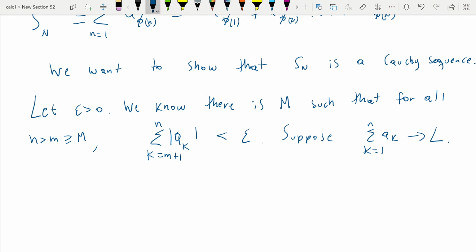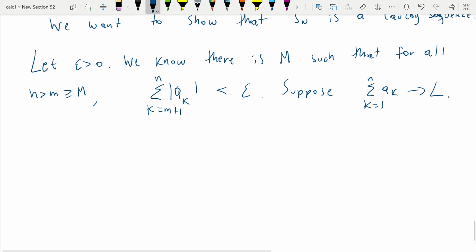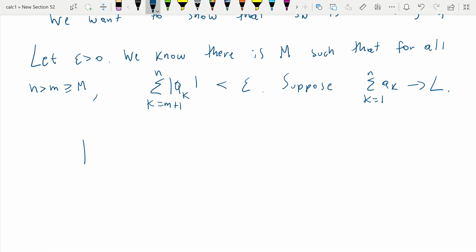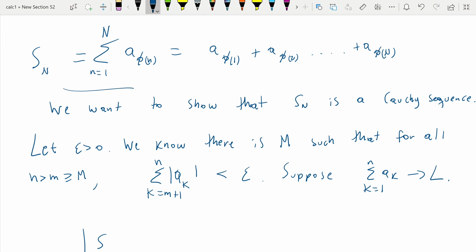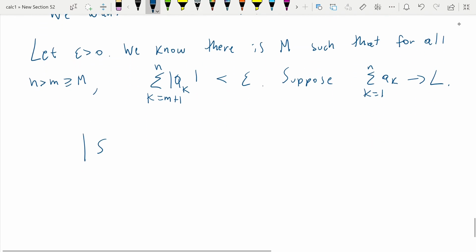It's absolutely convergent. So the partial sum of the a_k's converges to some number L. So what we want to show is that S_n, the partial sum corresponding to the rearrangement, is small, provided n is big enough.